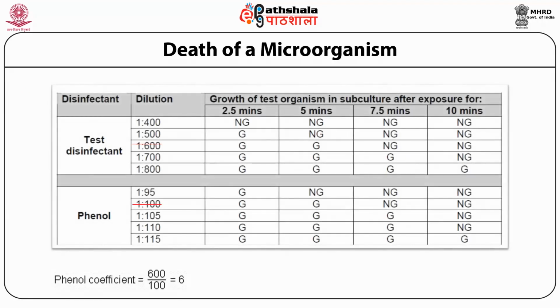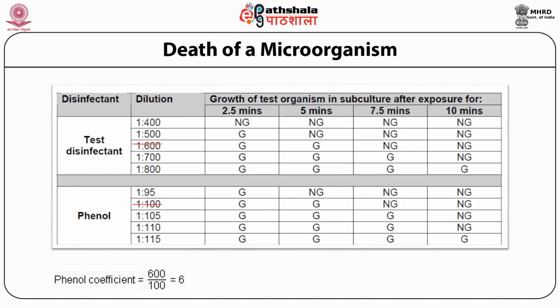Now, how were the disinfectants tested, or how was the phenol coefficient test carried out? Now you can see in the table that the test disinfectant at dilution 1:600 shows a similar pattern of growth when compared with phenol at 1:100 dilution.